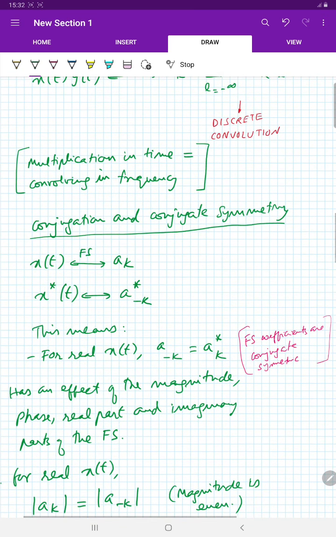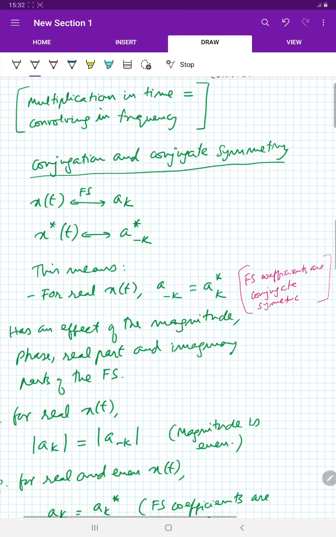Then we will come to conjugation and conjugate symmetry. So x(t) transforms to a_k, and x*(t), the conjugate of x(t), transforms to a*_(-k). This again has some after effects. It means that if x(t) is real, then x(t) and x*(t) are equal, and this also means that a_k and a*_(-k) are equal.